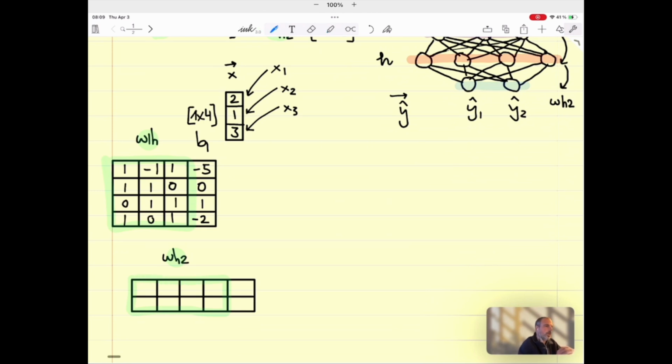Okay, so we fill it with numbers again. 1, 1, -1, 0, and 0. The bias vector is going to be 1 by 2, and 0, 0, 1, -1, 1. Okay, so that's cool.